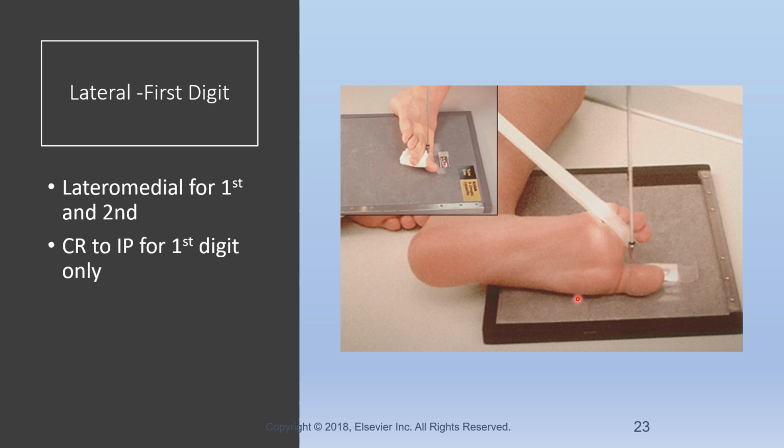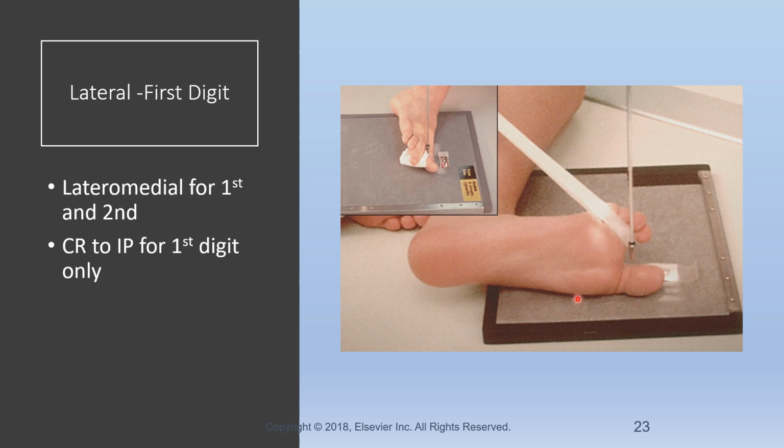So the leg is turning inward. The knee would be going towards the other leg. So you rotate the leg and foot medially for first and second, even though the book says and also third. And you're rotating it laterally for third, fourth, and fifth.